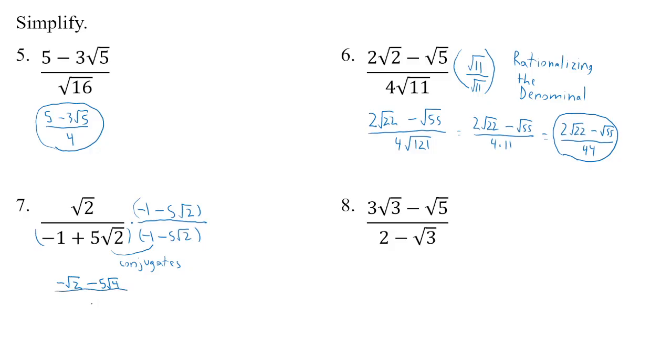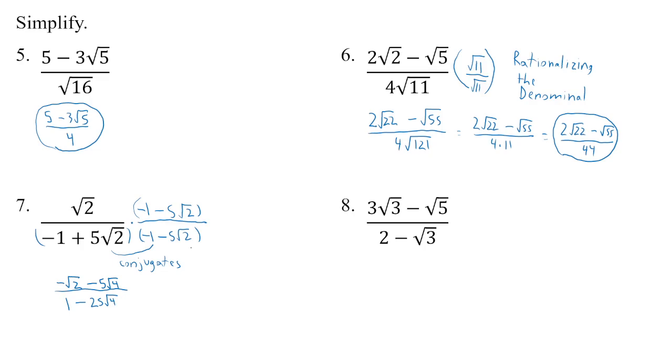On the bottom, whenever you have conjugates, you get what is called a difference of squares. So the square of negative 1 is positive 1, and the square of 5 times the square root of 2 is 25 times the square root of 4. Difference of squares.